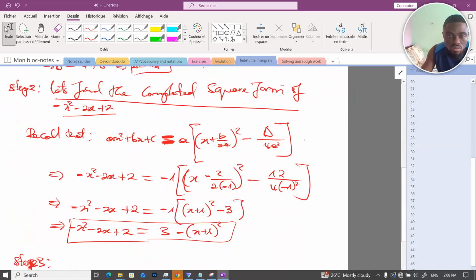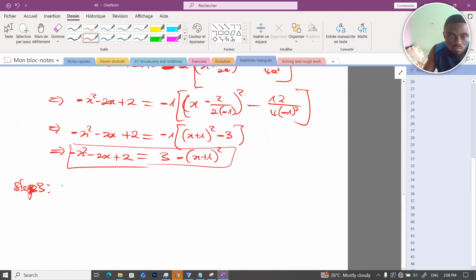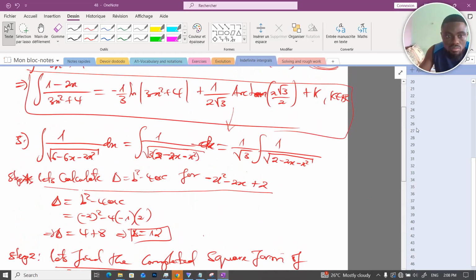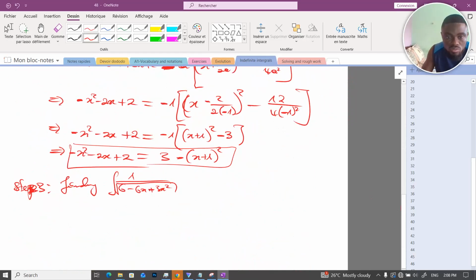So finding the integral of 1 all over the square root of 6 minus 6x minus 3x squared dx.